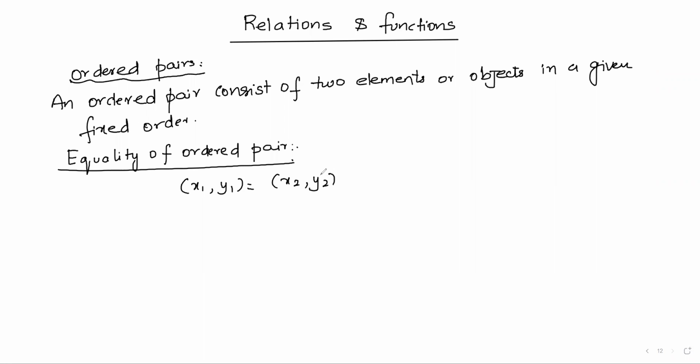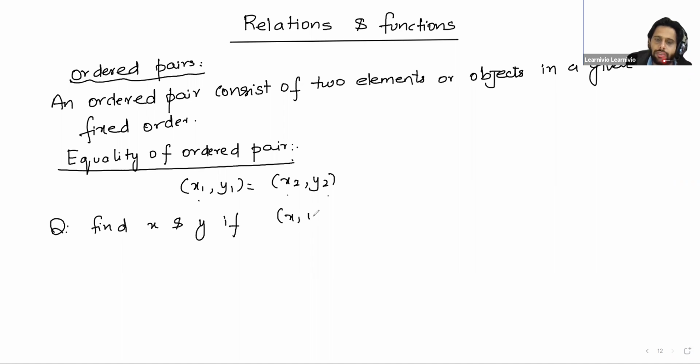Yes. So the question is: find x and y if x comma 2 is equal to 3 comma y. Okay, Safan, please try this question and tell me the answer. x is equal to 3, y is equal to 2. Very good.